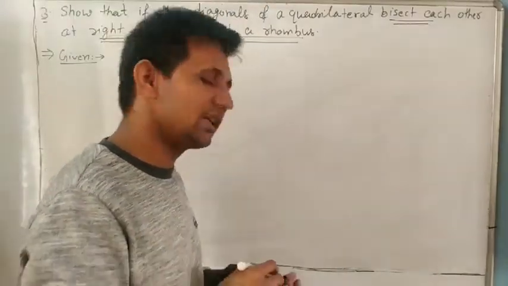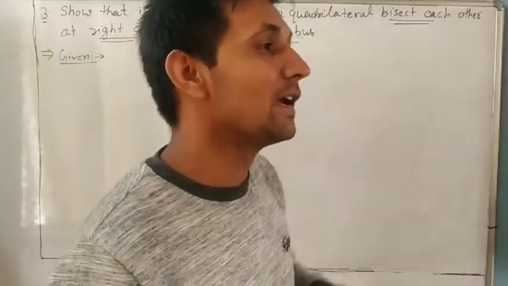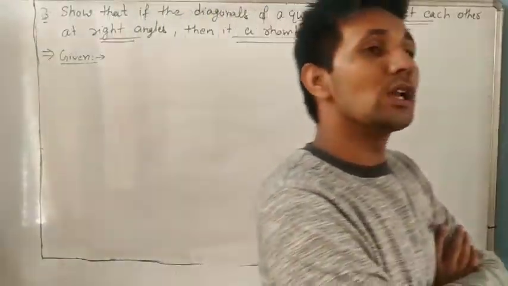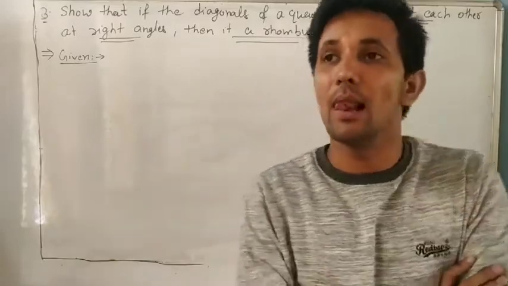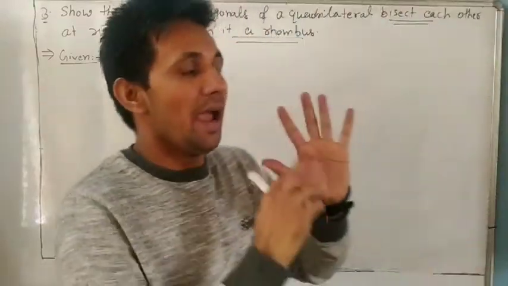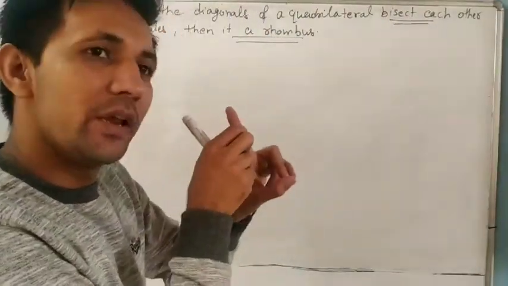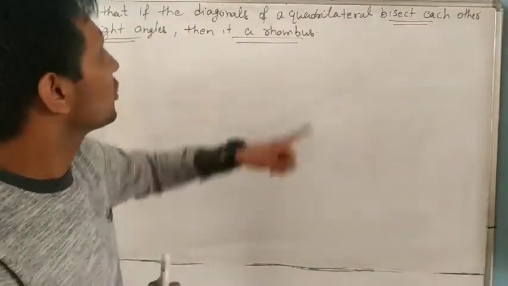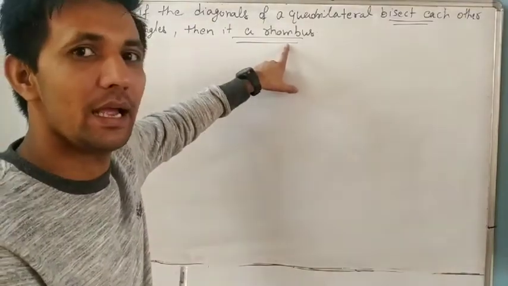Do you know the difference between a parallelogram and a rhombus? In a rhombus, all sides are equal. Every square, every rhombus, every rectangle is a parallelogram. So every rhombus is a parallelogram.